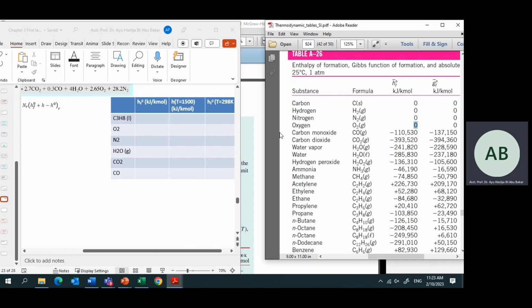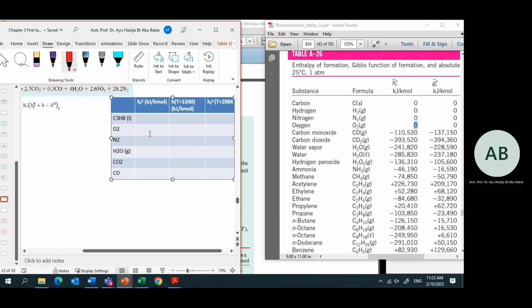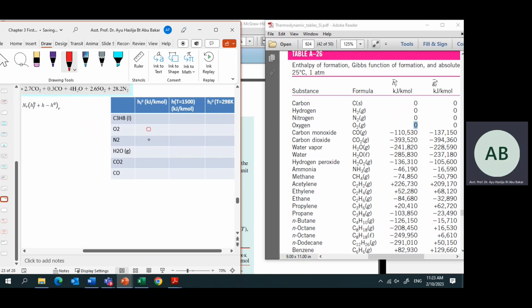Fill up all the info that you require. N2 is 0. For H2O, find water gas, which is -241,820 for gas.